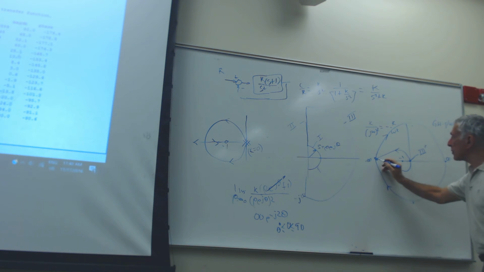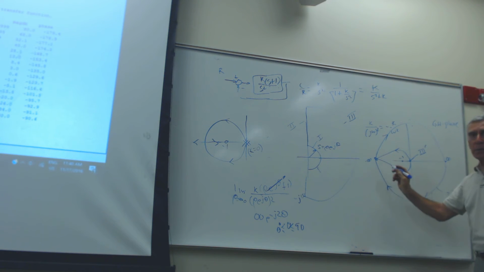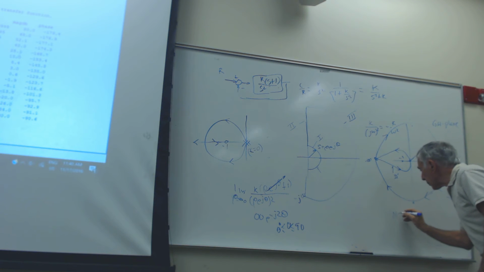If you start here, you've got 1 counterclockwise, and you continue, right? And you've got 1 clockwise, so n equals 0. So n equals minus 1 plus 1 is equal to 0.